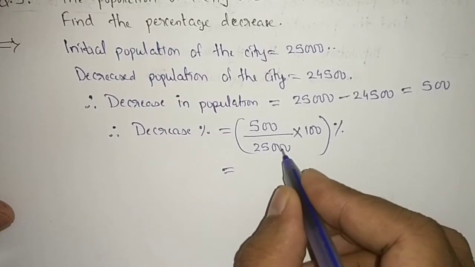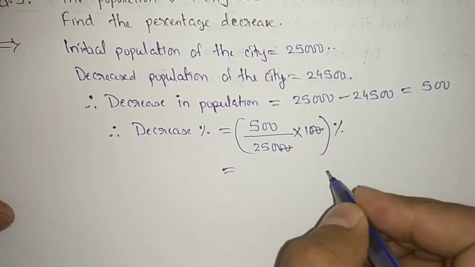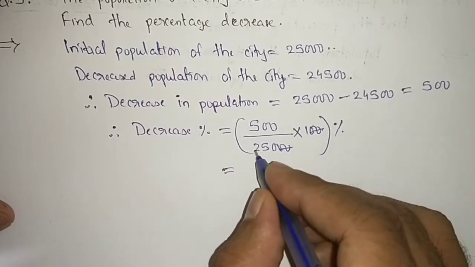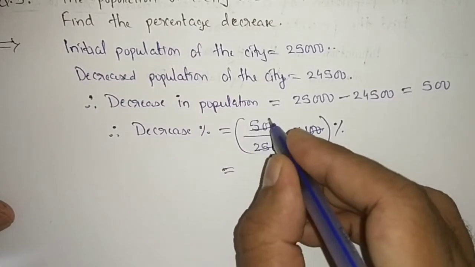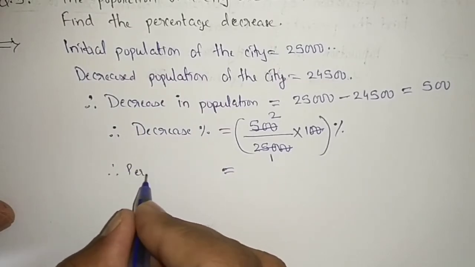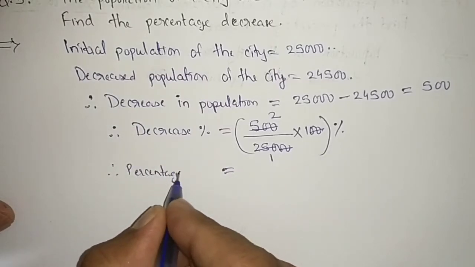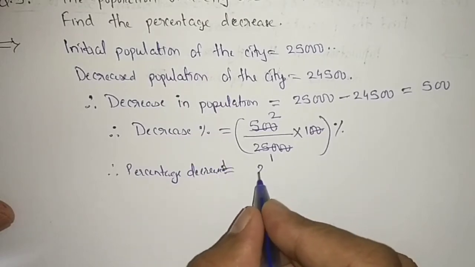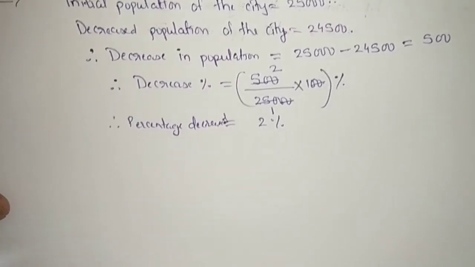So we will cancel 2 zeros from 100 and 2 zeros from 25,000. Now 250 ones are 250, and 250 twos are 500. So can I write percentage decrease is equal to 2%, right?